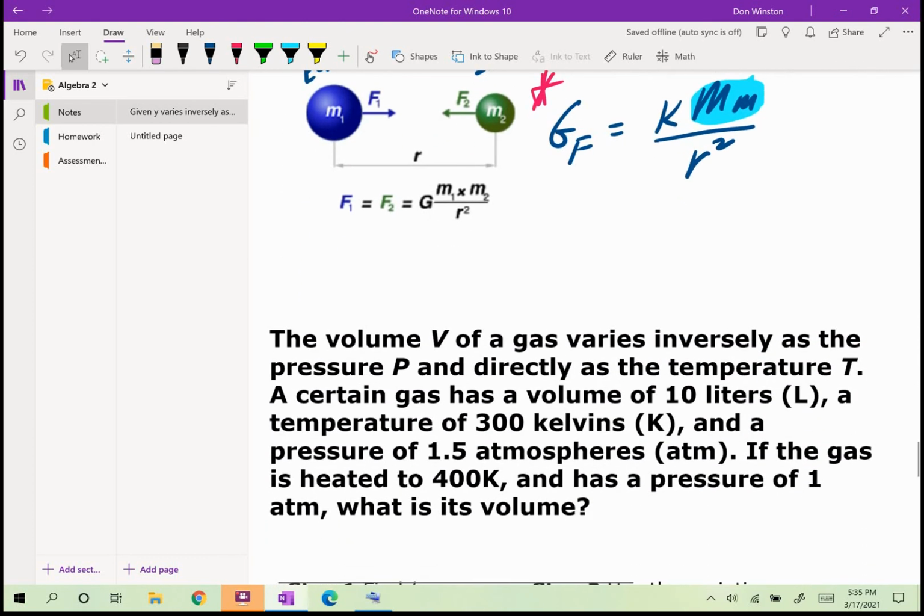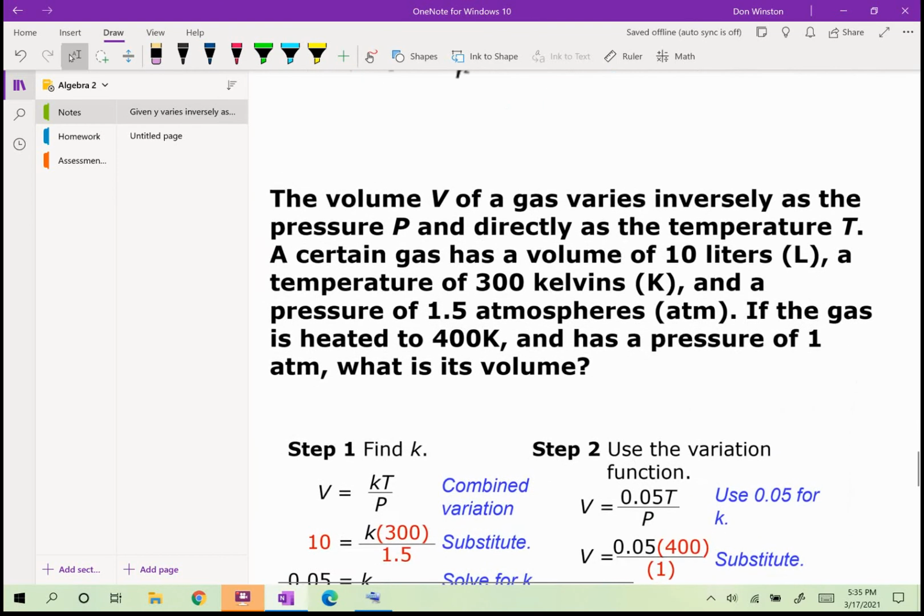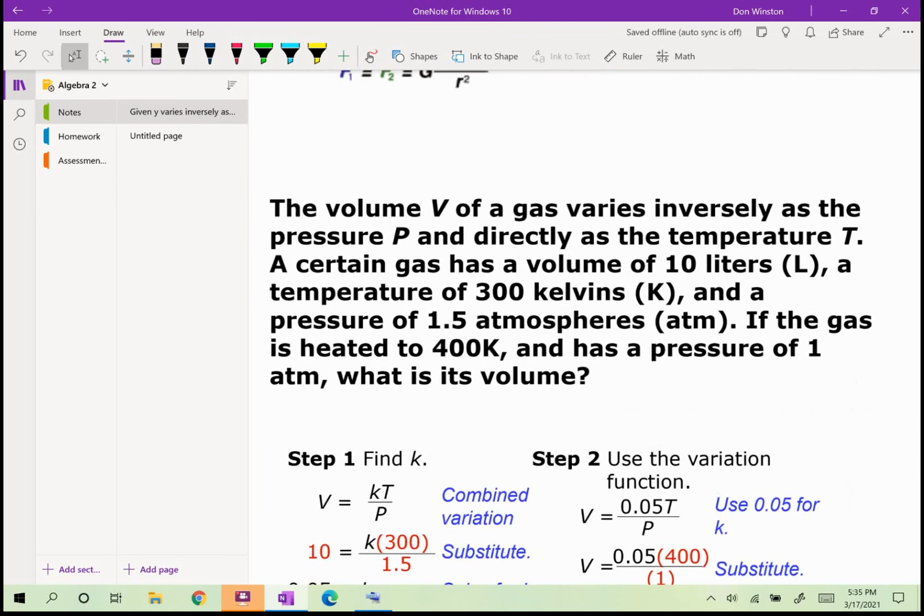So let's just take a look at one problem here. The volume V of a gas varies inversely as the pressure, so V equals some constant over the pressure P, and directly as the temperature T. So again, here we have direct variation, y is equal to k times t, but then we have inverse variation, v is equal to k over p.